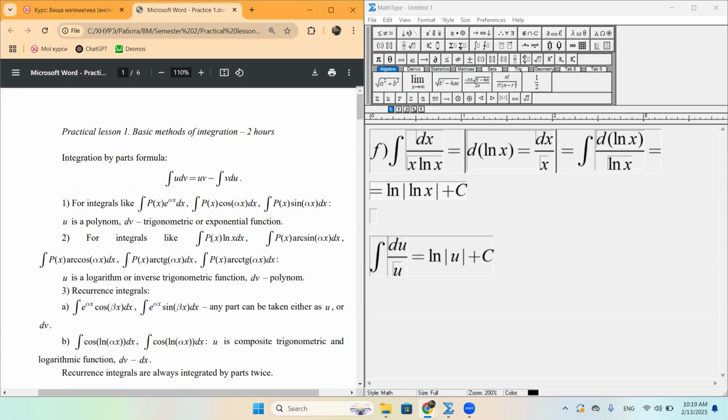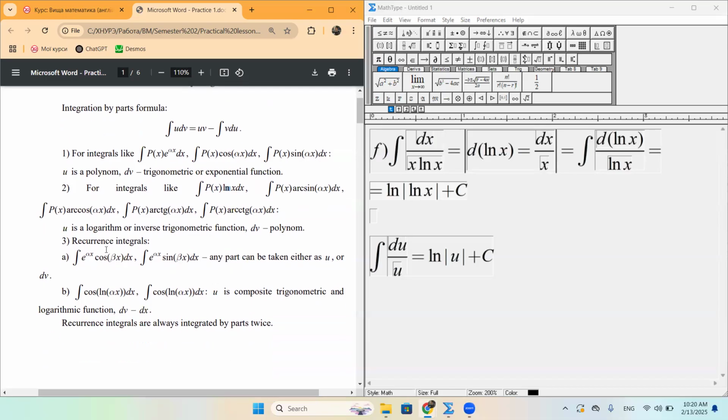For integrals like a polynomial multiplied by a logarithm, arcsine, arccosine, arctangent or arccotangent, the polynomial is dv, so the polynomial is v, and the other functions are chosen as u.